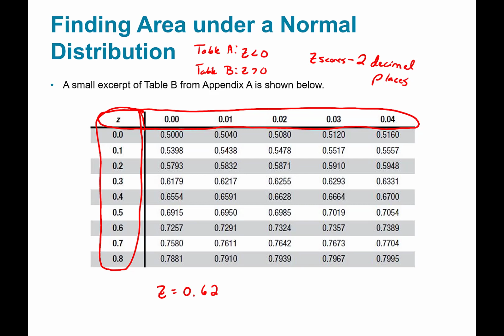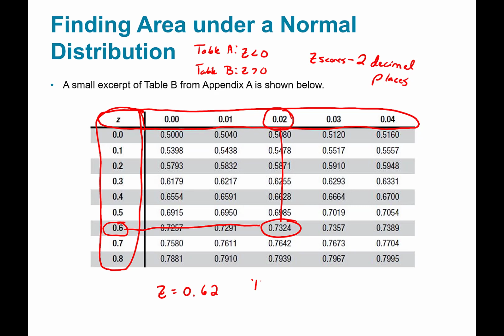So for example, say my z-score is equal to 0.62. I'm going to go down the first column to 0.6, and then go across the top to 0.02. Where that row and that column intersect is my area to the left.